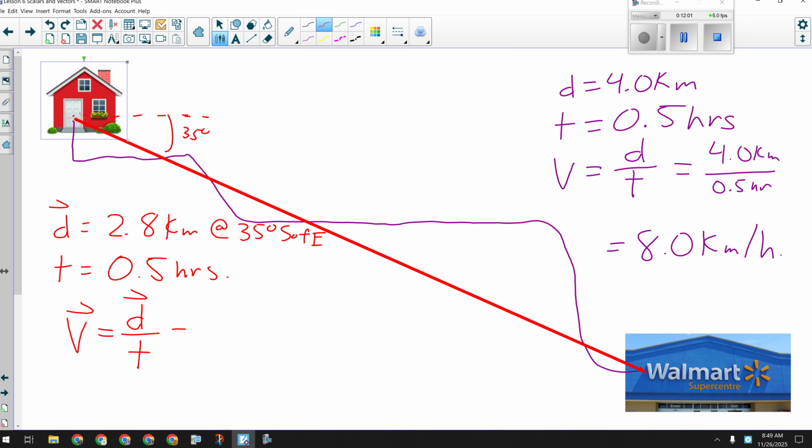So if I want to calculate the velocity, it's going to be 2.8 kilometers at 35 degrees south of east divided by 0.5 hours. I'm just plugging numbers into a formula.